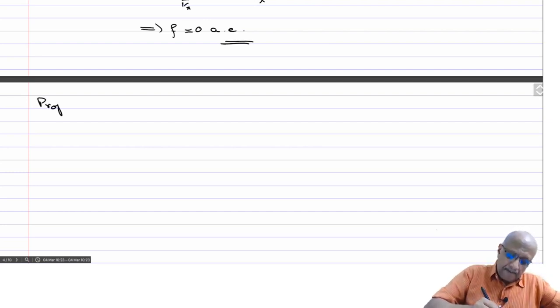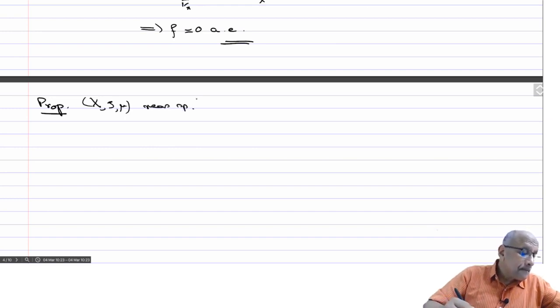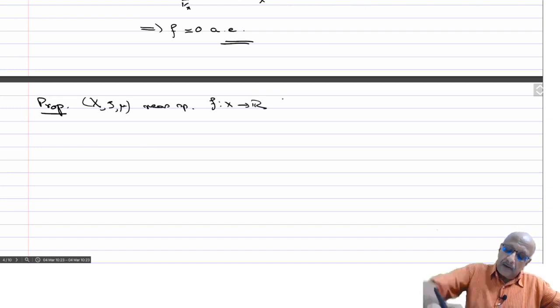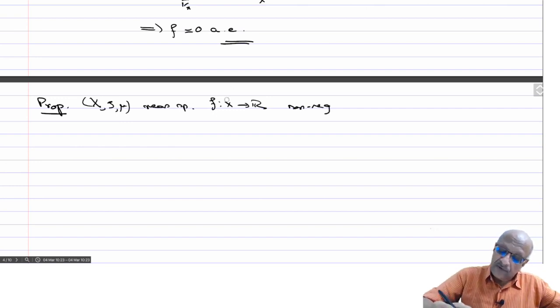Proposition. Let (X, S, mu) be a measure space, and let phi from X to R be a non-negative simple function.